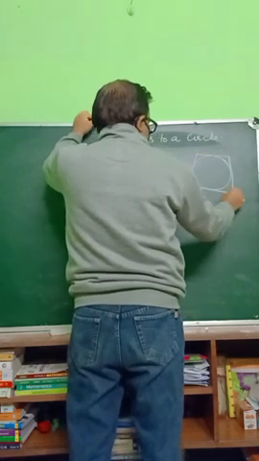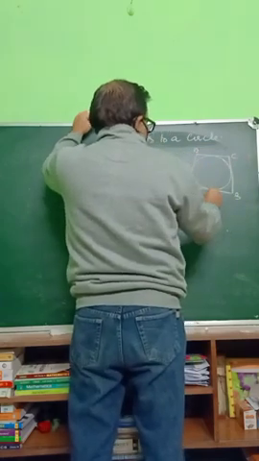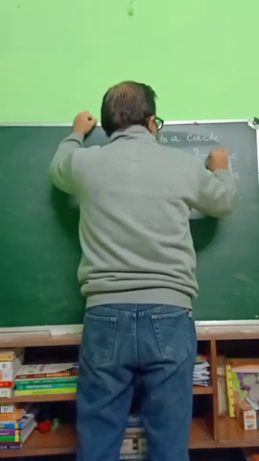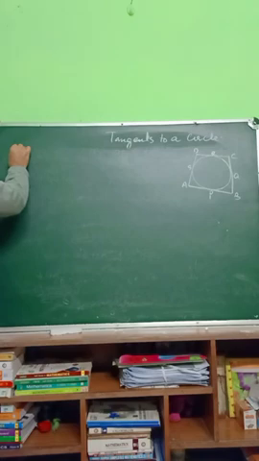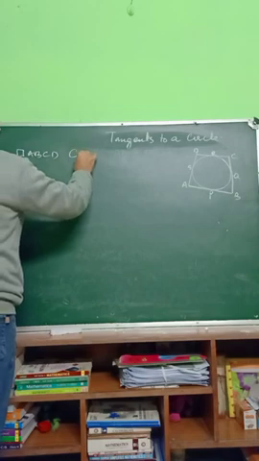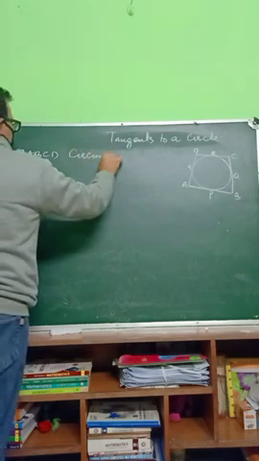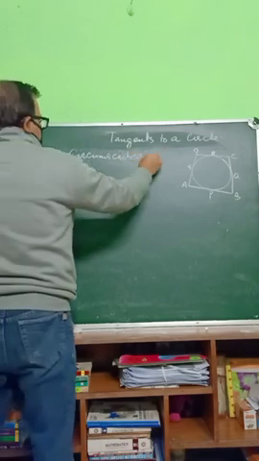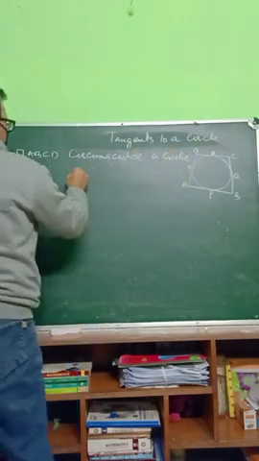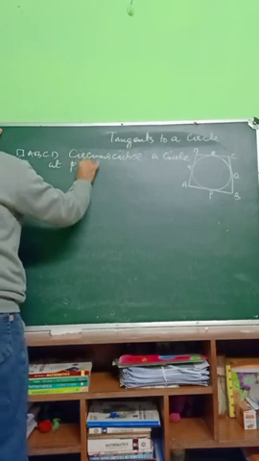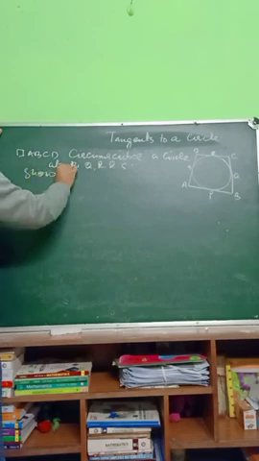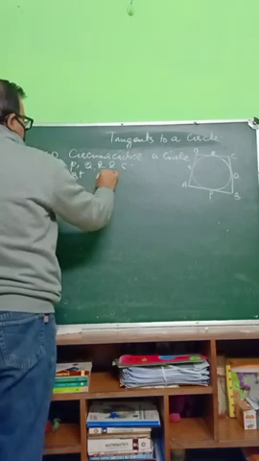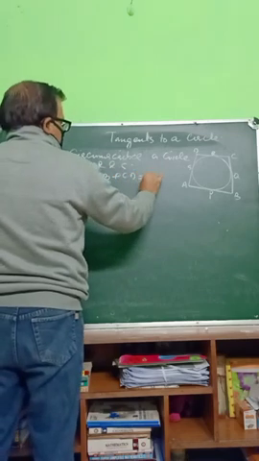This is A, this is B, this is C, this is D, this is P, this is Q, this is R, and this is S. Quadrilateral ABCD circumscribes a circle at P, Q, R and S. Show that AB plus CD is equal to BC plus DA.